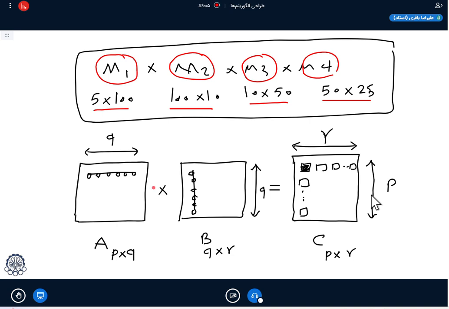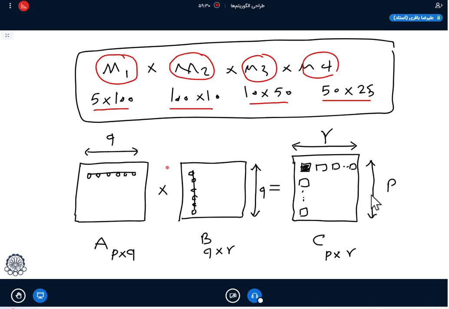But when we multiply these two, for each element of C, we do Q multiplications. One row of A is multiplied by one column of B. One row of A has Q elements, one column of B has Q elements.